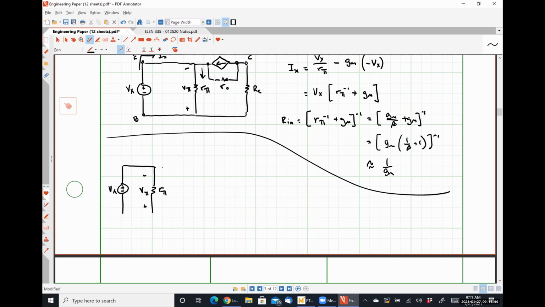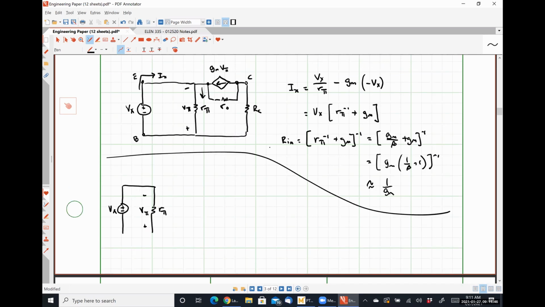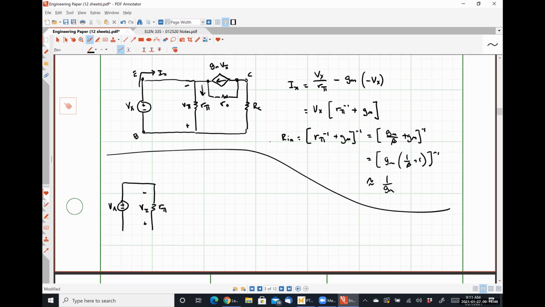I'm going to do a source transformation here. And I'm transforming that dependent current source in parallel with R naught into a dependent voltage source in series with R naught. That's going to place R naught in series with RC.